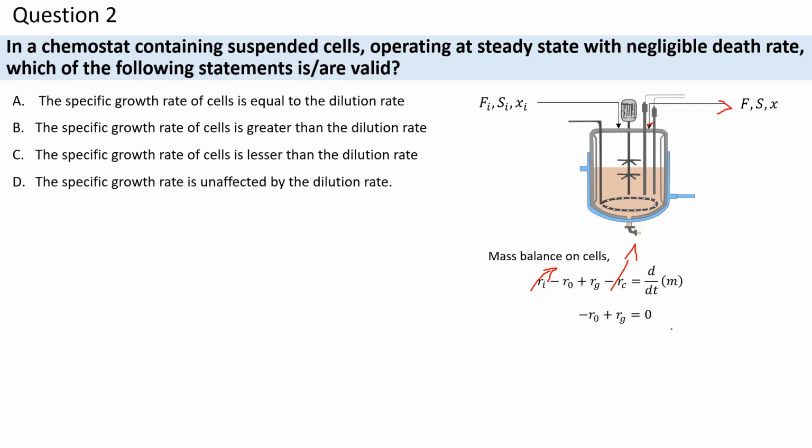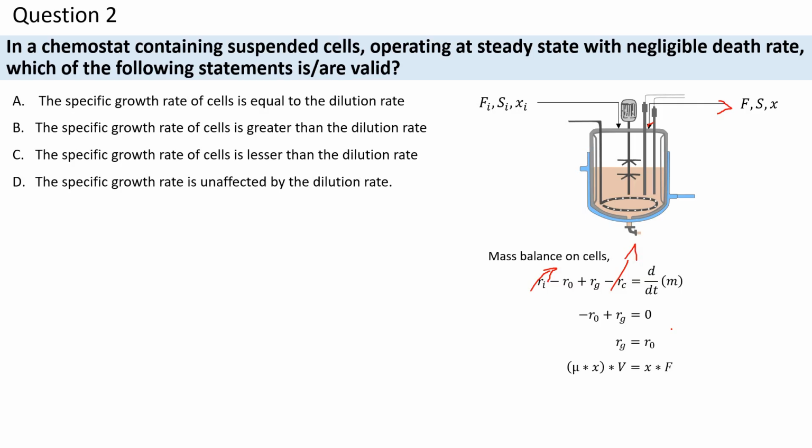Because your chemostat maintains steady state conditions, there will not be any accumulation of cells, that is your cell concentration throughout your chemostat will be the same, therefore the accumulation part will also become 0. So R naught is equal to Rg, this is what is there. So we will just try to substitute values for your generation as well as the outlet. If you see for generation, it corresponds to the cell replication, right?